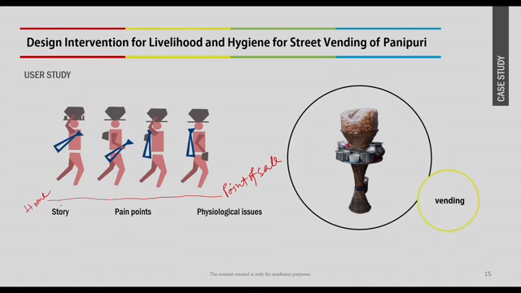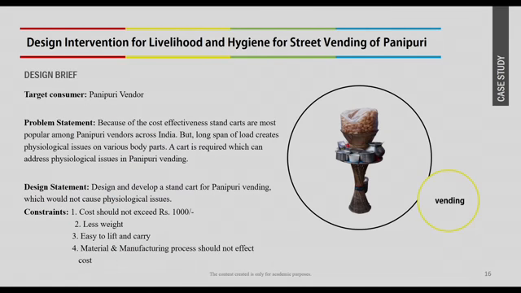We heard about their stories, and we figured out different pain points and different kinds of physiological issues. Then we generated the design brief. In the design brief, our target customer is the Pani Puri vendor.